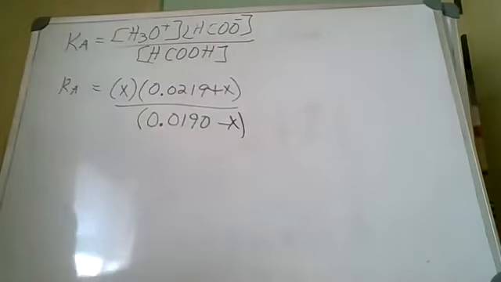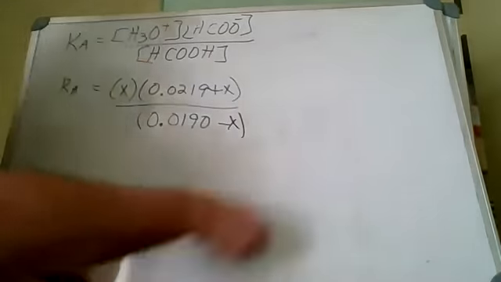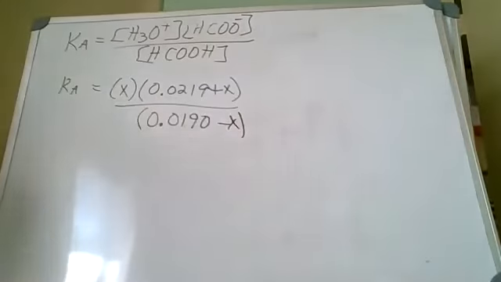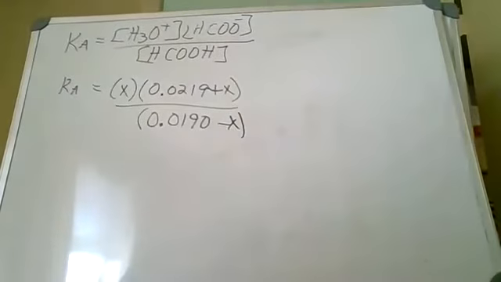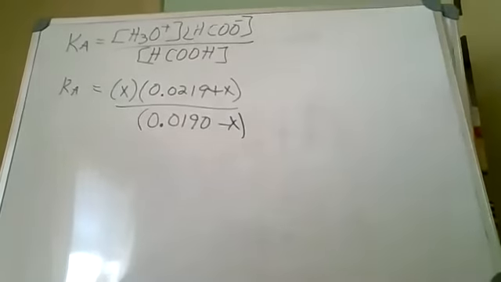Now we should do the Ca over Ka, right? So we can do that right here. The Ka for formic acid, if I remember, is 1.7 times 10 to the negative fifth, or 10 to the negative fourth. Negative fifth. Okay. All right.